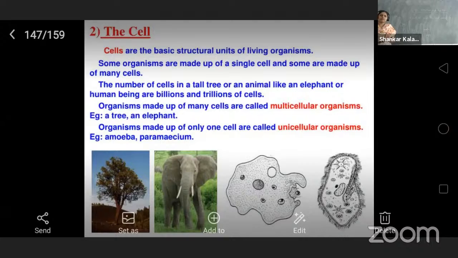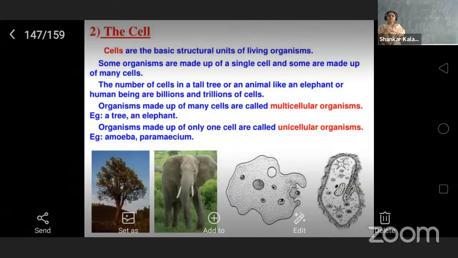All living things have different shapes: plants, dog, cat, they have different body structures. Some organisms are made up of a single cell and some are made up of many cells. Our body is made up of many cells, while some animals and plants are made up of fewer cells.